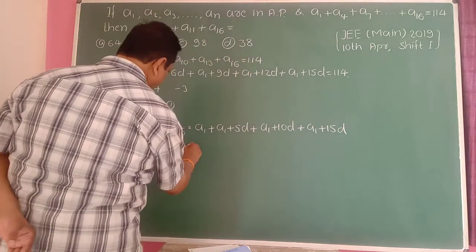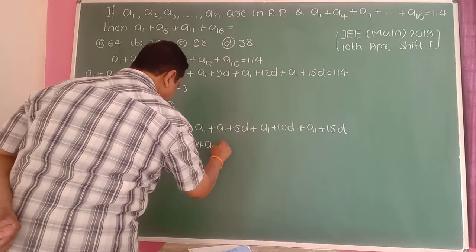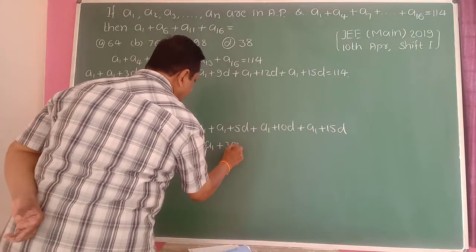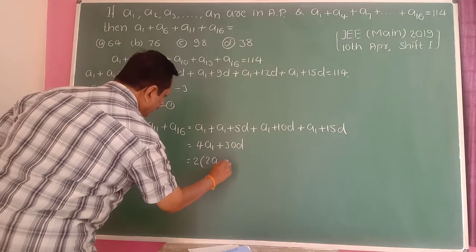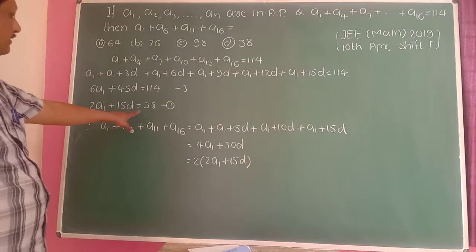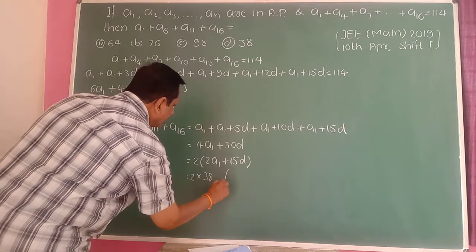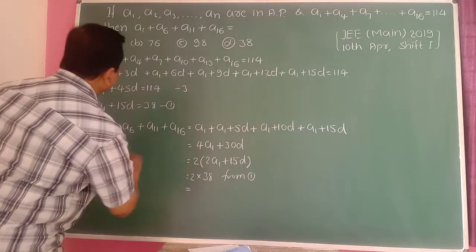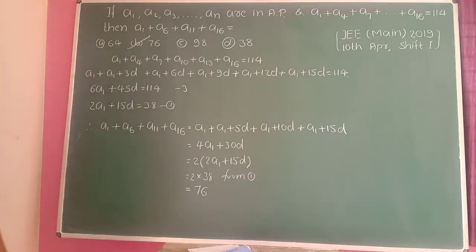Therefore, this is equal to four times A1, plus 5 plus 10 is 15, plus 15 is 30, so 30D. Therefore, 2 is a common factor: 2 times 2A1 plus 15D. The value of 2A1 plus 15D is 38 from equation 1. 38 into 2 becomes 76. Therefore, B is the answer.